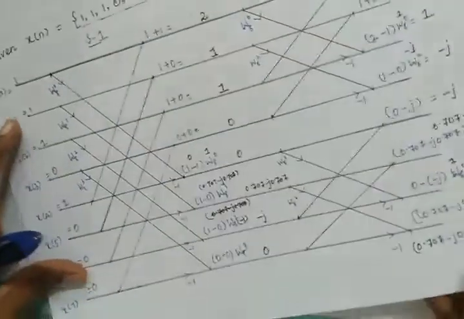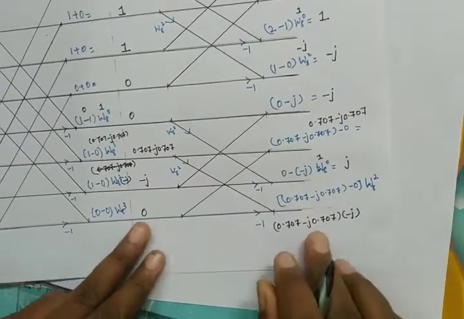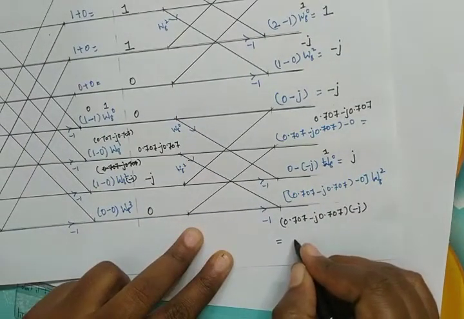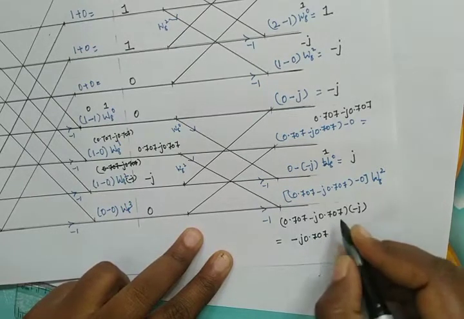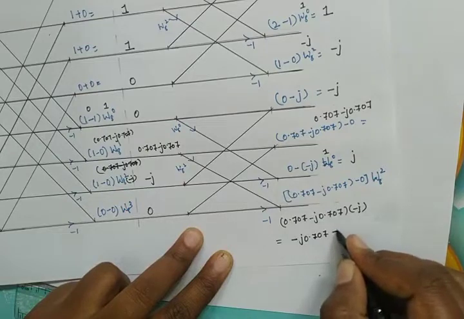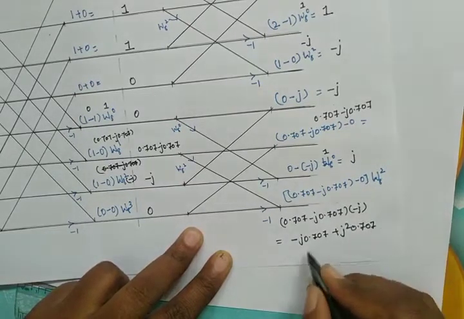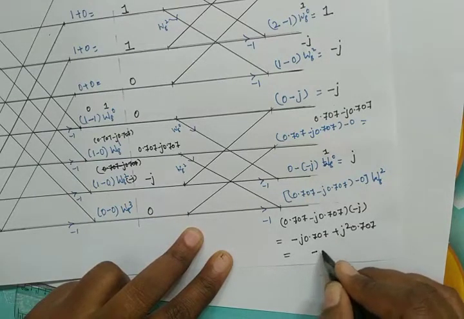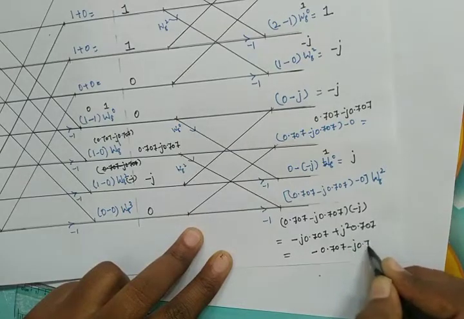Refer minus j into minus j. So which is equal to, now multiply this, minus j 0.707 minus into minus plus j into j square 0.707. Therefore which is equal to, this j square will become minus 1. So minus 0.707 minus j 0.707.